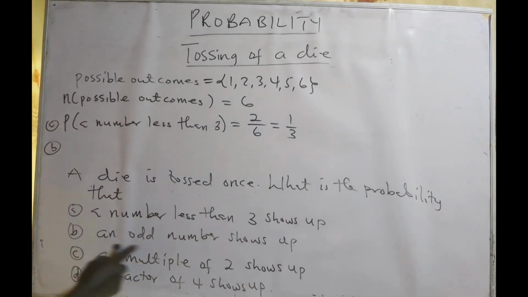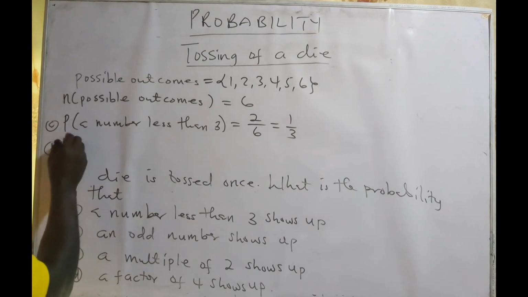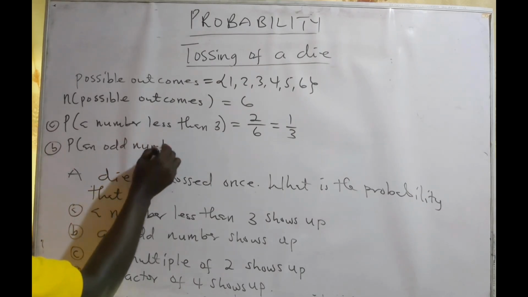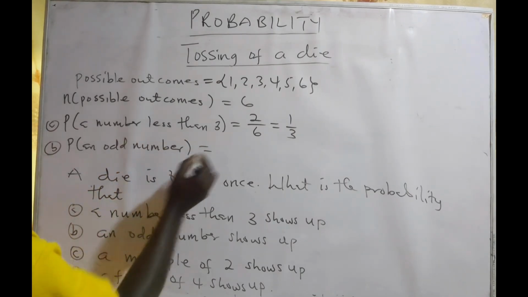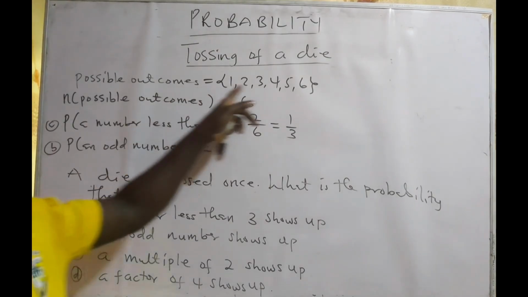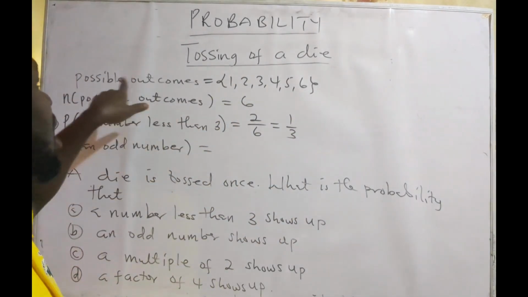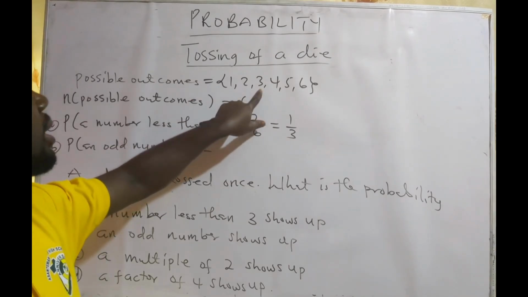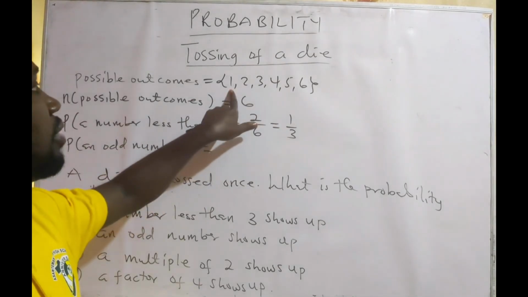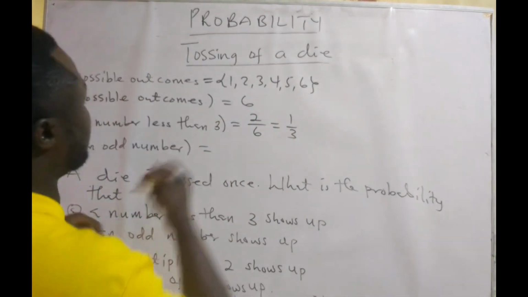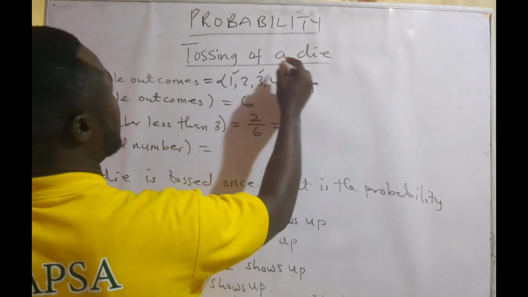An odd number shows up. So probability of an odd number. Let's look at odd numbers in the possible outcomes. How many odd numbers? 1, 3, and 5.